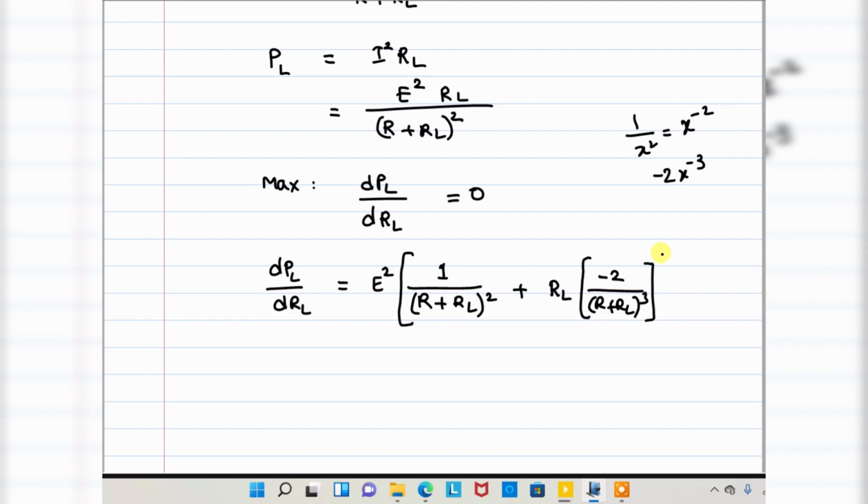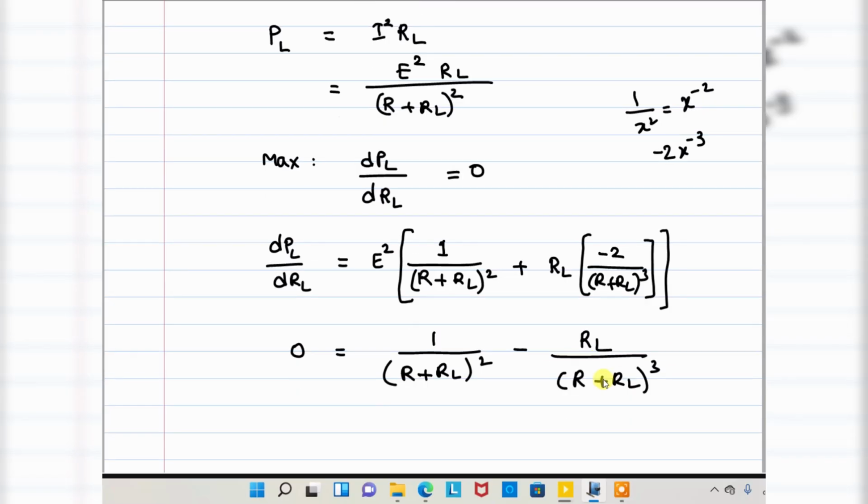This is the calculation. Now the entire equation is made equal to 0, and E squared on that side is also 0. Simplifying: R plus RL whole squared minus RL divided by R plus RL to the power of 3.